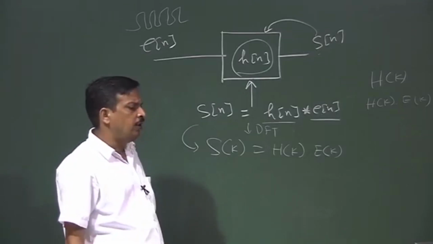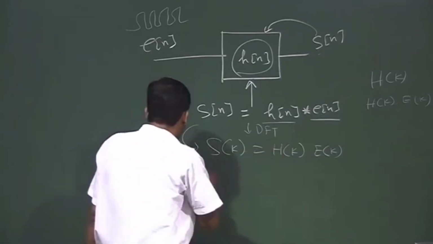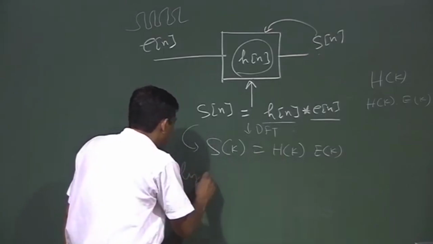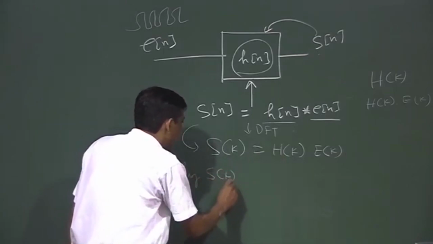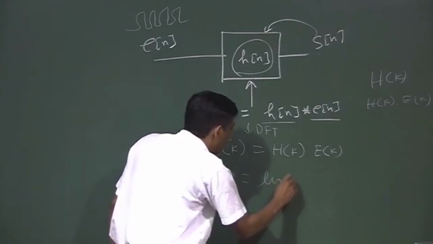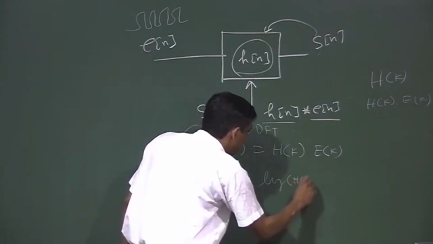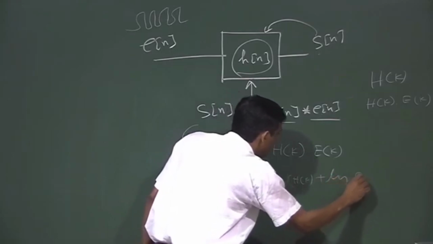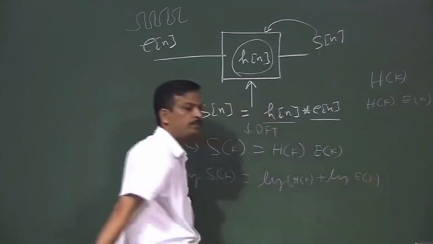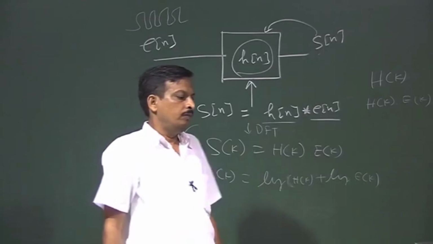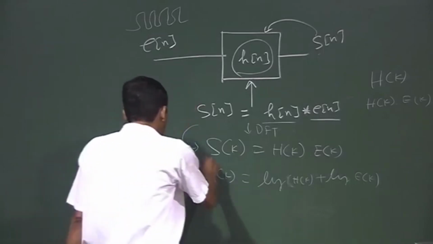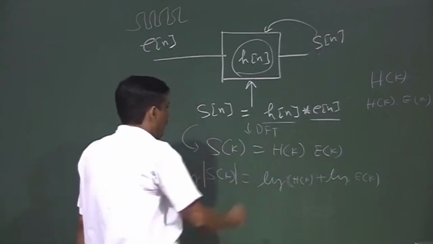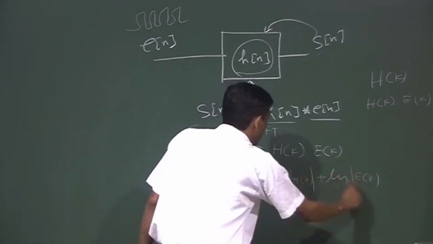So, what I can do, if it is a product, is take the log of S(k), which is nothing but log of H(k) plus log of E(k). I can take the absolute log or the simple log also.